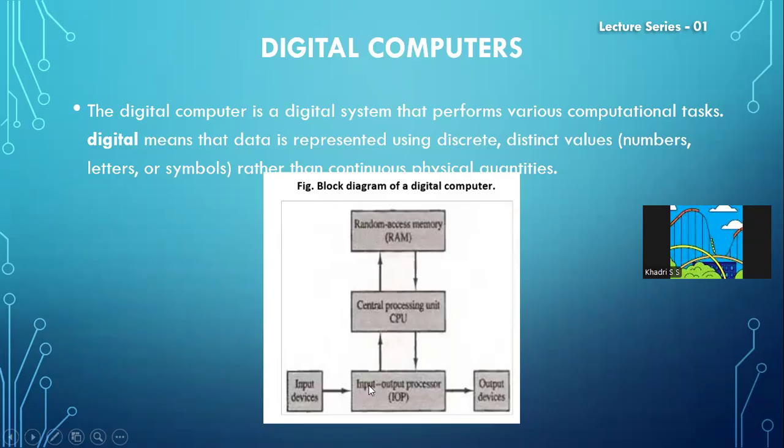Whenever we operate an input device like a keyboard or mouse and pass the instruction to the input-output processor, it passes through the central CPU and then to the RAM. Then whatever output we get is passed through output devices like a printer, a projector, or a monitor. We will study this in detail in the further lecture series. If you need it, comment on this topic, and I can make another video regarding this diagram. Okay.